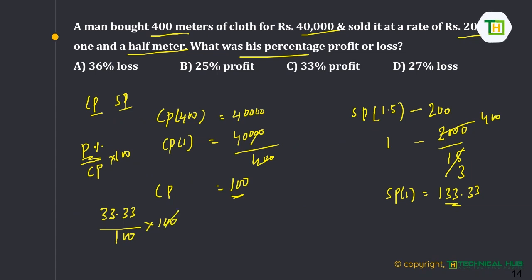So 100 get cancelled, then the profit percentage is equal to 33.33. Then your answer is option C. So 33% is the profit. Actually 33.33, but that option is not there. So 33% is the correct answer for this question.